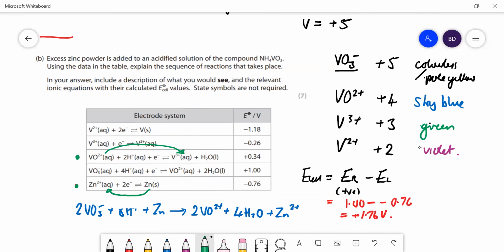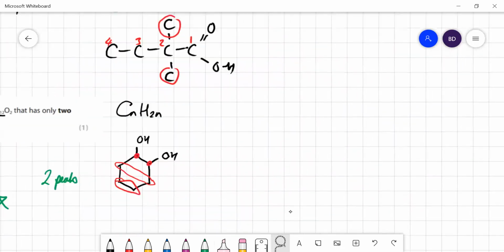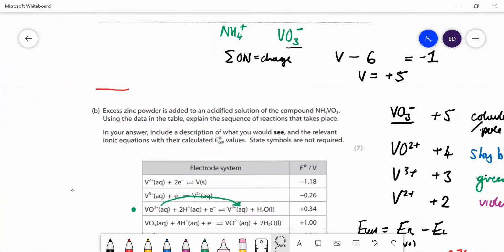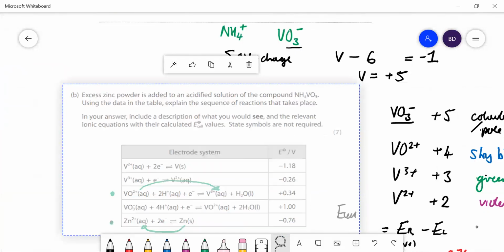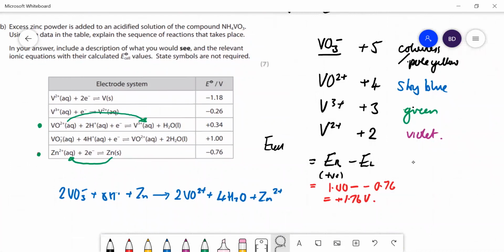Let's do E cell for that one. I'm going to make space here. Okay, let's get rid of all this. I'll leave the E cell bit. Sorry about this. Right, so let's get rid of this, and that.